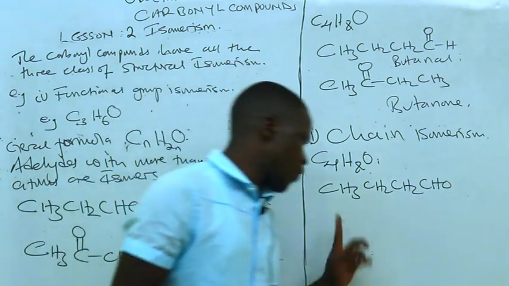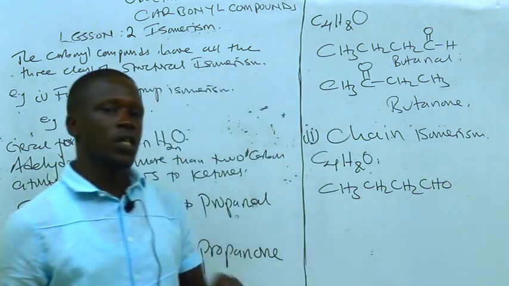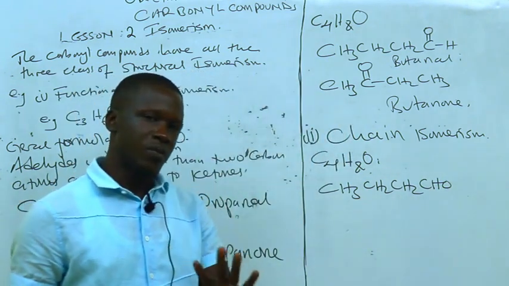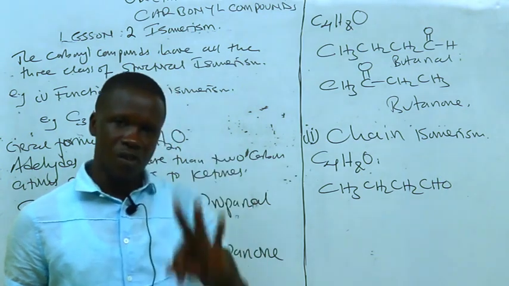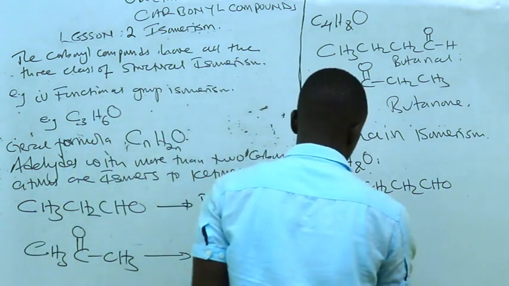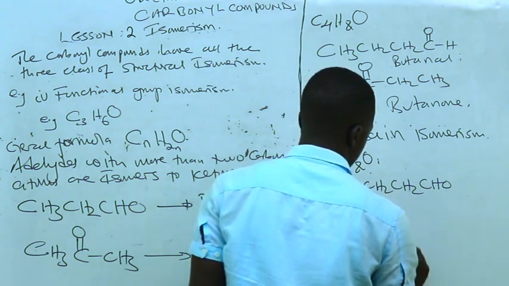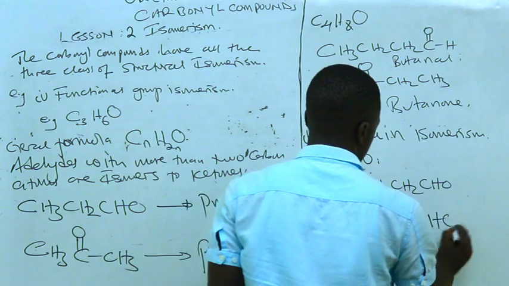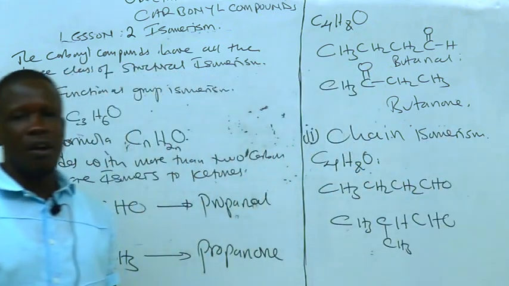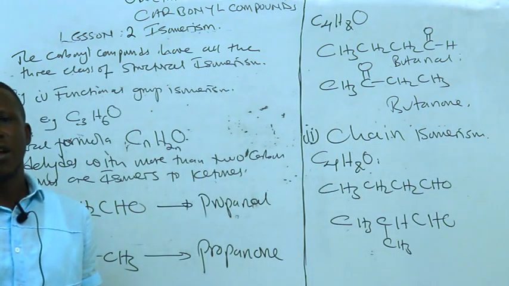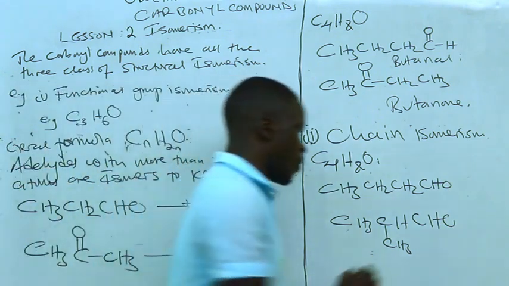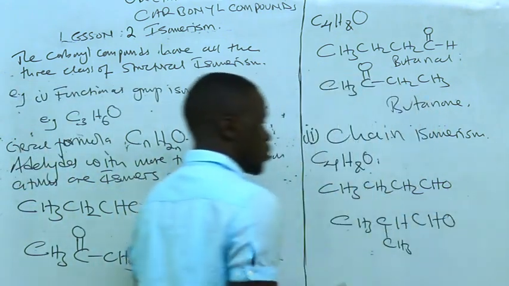Now, instead of writing 4 carbon atoms in a straight chain, we shall write 3, including the aldehyde group. So we shall have CH3, CH, and then we shall create a branch and then end up with that compound there. Now, this compound here is also an aldehyde.